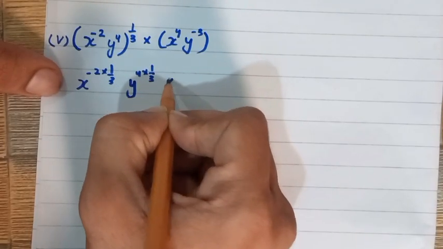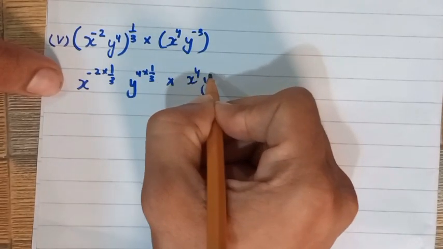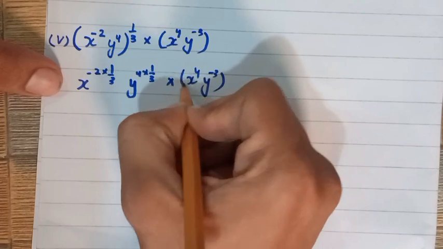So this is multiplied here, and it will be written the same: x^4 y^-3.